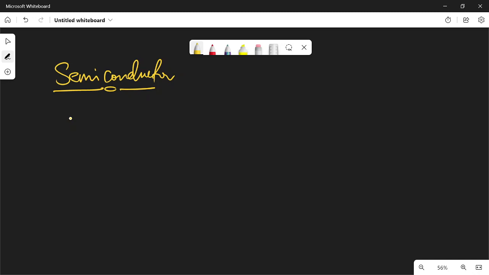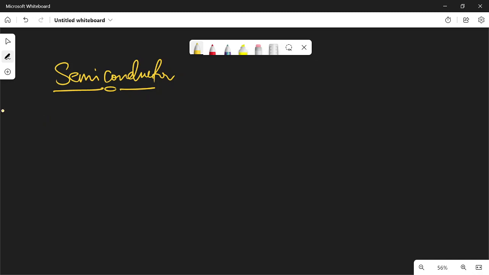Semiconductors are materials whose conductivity is intermediate between conductor and insulator. What do you mean by their conductivity is intermediate between conductor and insulator? It is that when you say a semiconductor, they are materials that have the ability to conduct electricity and they might not also conduct electricity. Are you getting where I'm coming from now? They can conduct and they might not conduct.